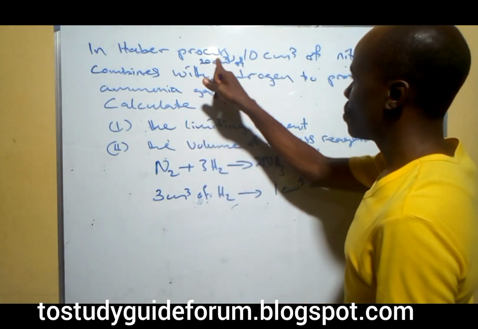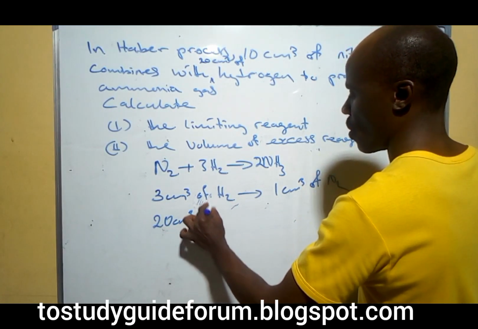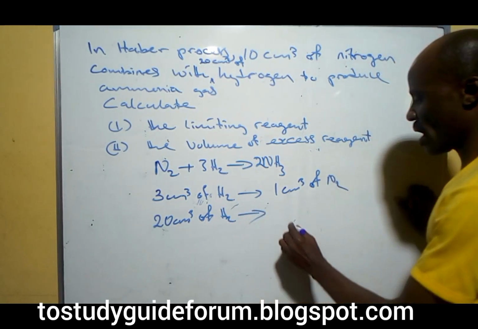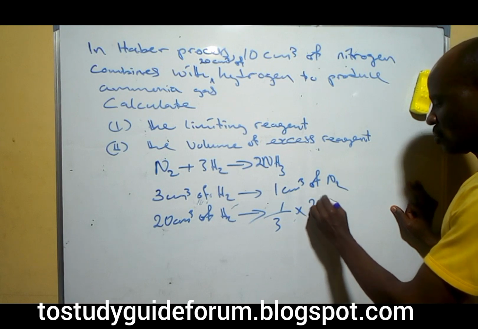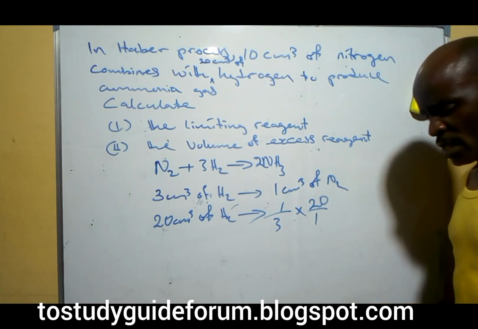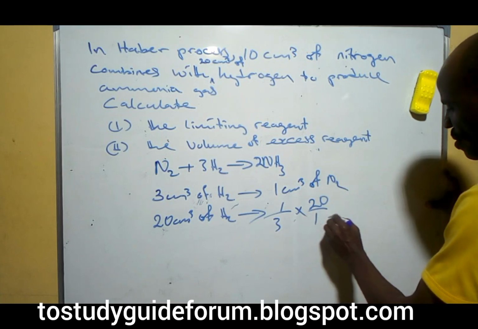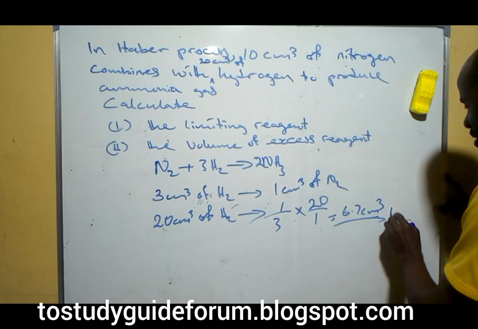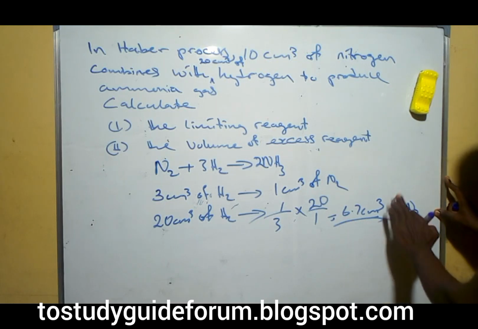Since we have 20 cm³ of hydrogen, it will react with 1/3 times 20, which gives us 6.7 cm³ of nitrogen.